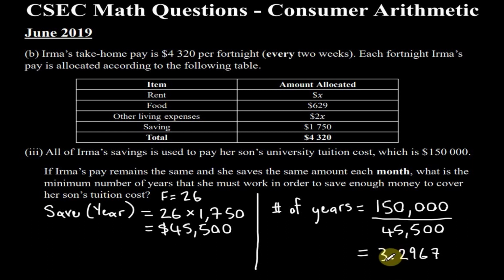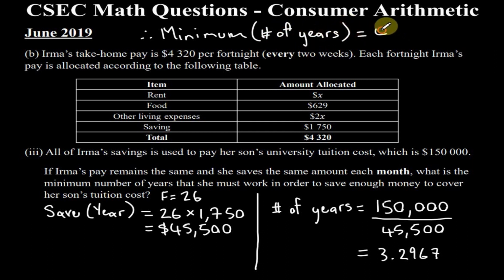So if she saves for 3 years, she wouldn't come up with enough money to pay her son's tuition, which is $150,000. Therefore, the minimum number of years would be equal to 4 years.